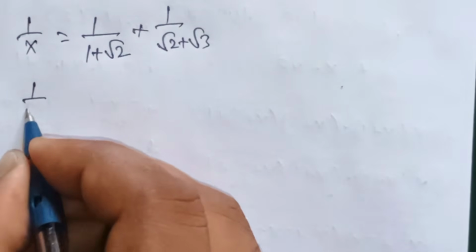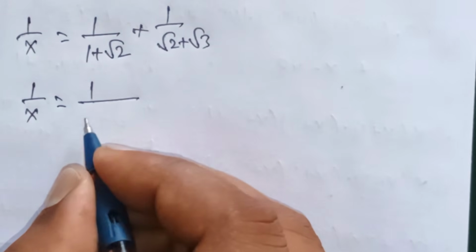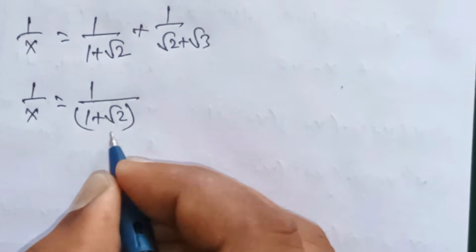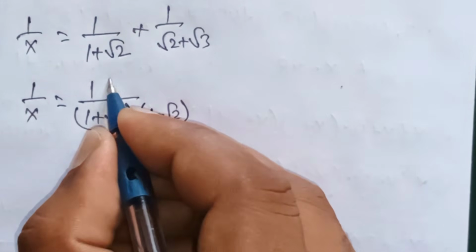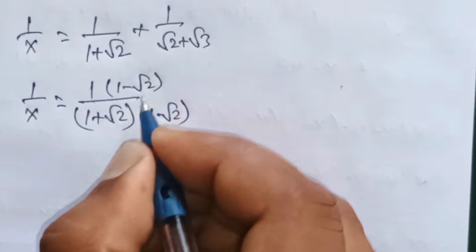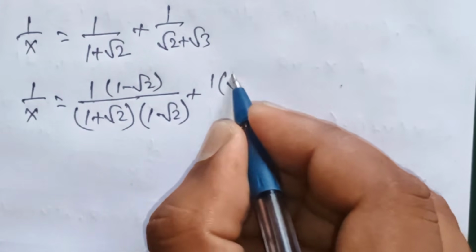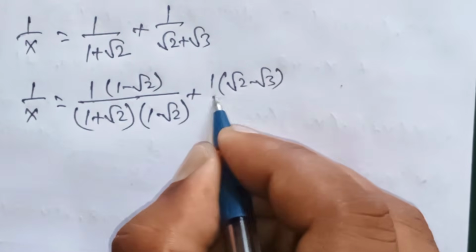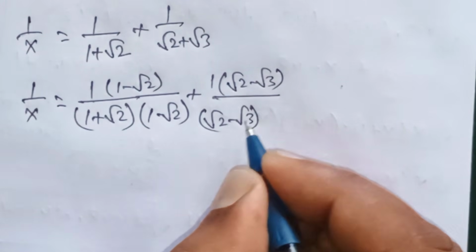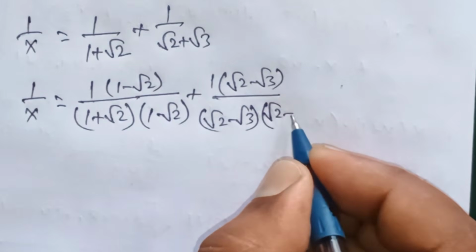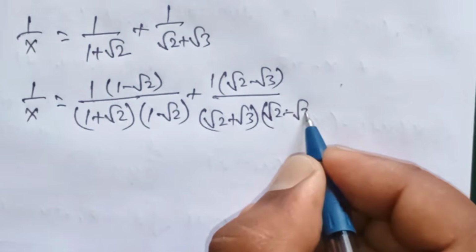So 1 divided by x is equal to 1 divided by 1 plus root 2 into 1 minus root 2 into 1 minus root 2, plus 1 into root 2 minus root 3 divided by root 2 plus root 3 into root 2 minus root 3.